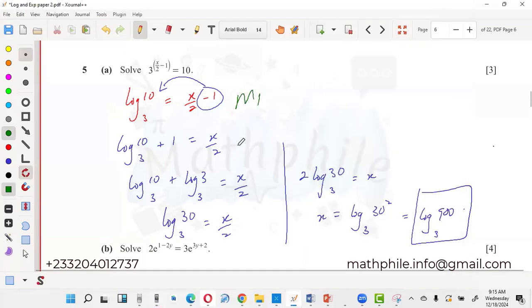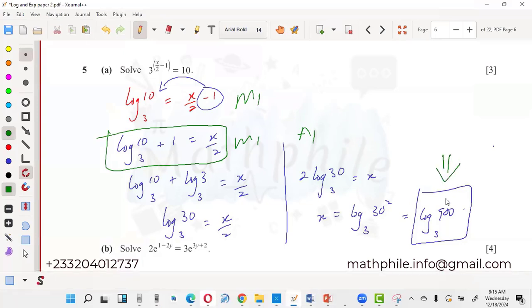You get 1 mark for this one, 1 mark for this one, and 1 mark for the answer. I guess you would have gotten 1 mark over here, 1 mark to change from the exponential to logarithm and 1 mark for the answer. So all this wouldn't be so important. But as a serious mathematician, this is the best answer for you.